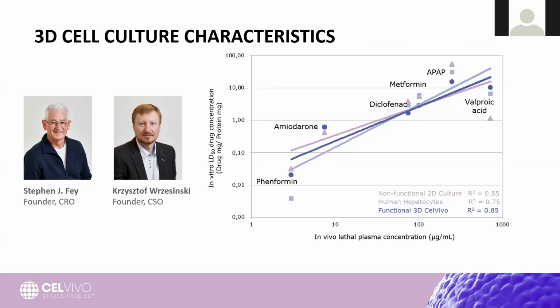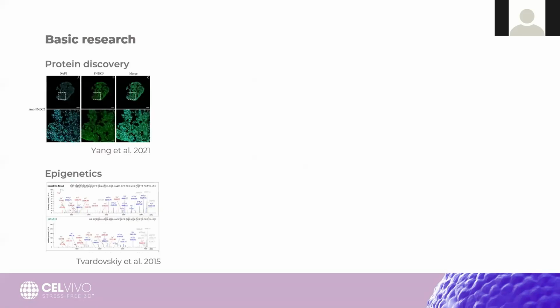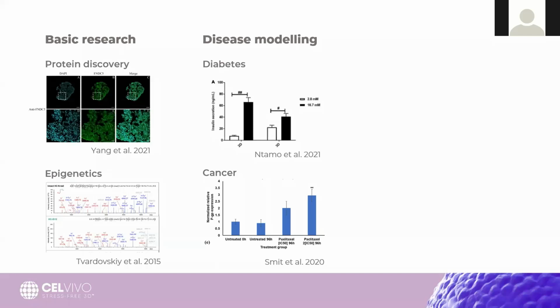And that's when things got interesting, because we've seen that this system is not only applicable to toxicology, but it can also be used for basic research and to create a bone model that has been used for protein discovery. And it can be used to study epigenetics much closer to in vivo than you normally could with a 2D cell culture.